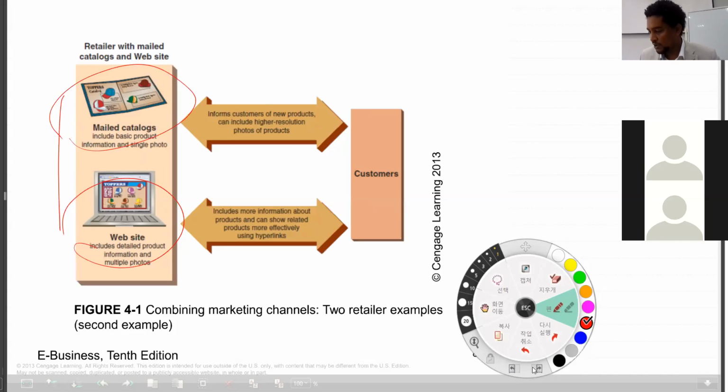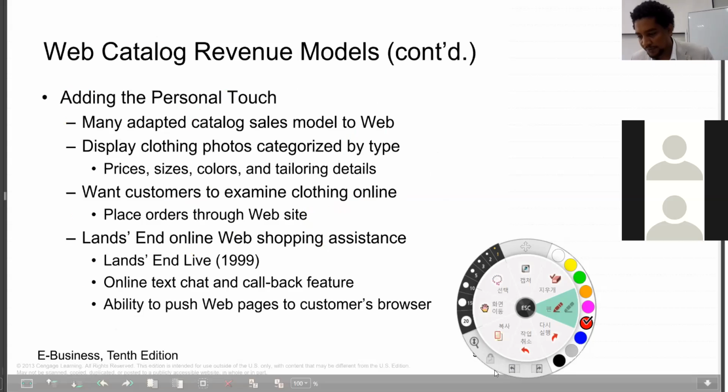Okay, so you can combine whichever is convenient to reach the customer. Web, adding the personal touch. Many adopted the catalog sales model to the web. As I've said, display clothing photos categorized by type, price, size, color.